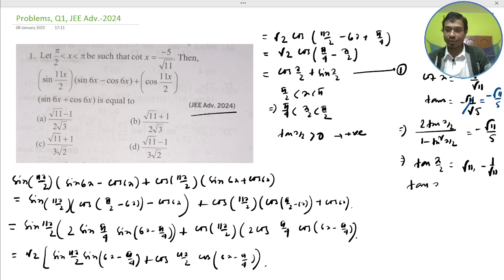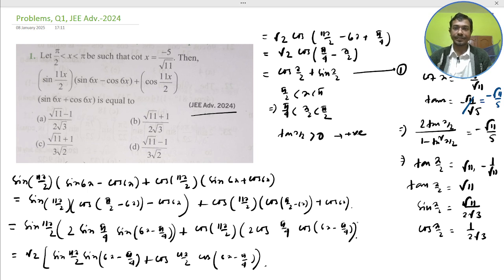So tan x by 2 we consider as root 11, and from tan x by 2 equal to root 11 you calculate the value of sin x by 2, which is root 11 by 2 root 3, and cos x by 2 would become 1 by 2 root 3.